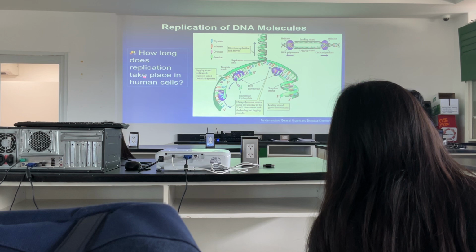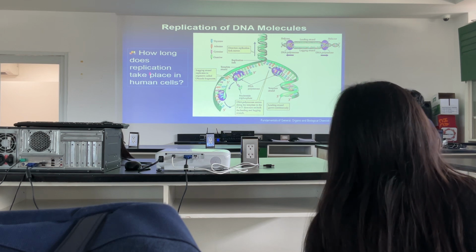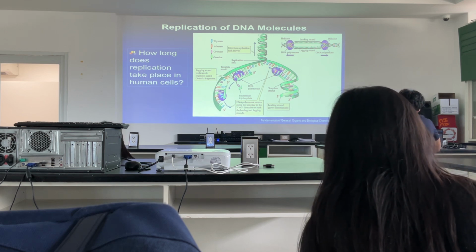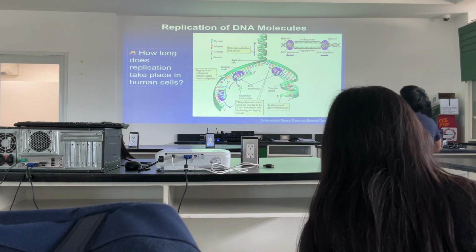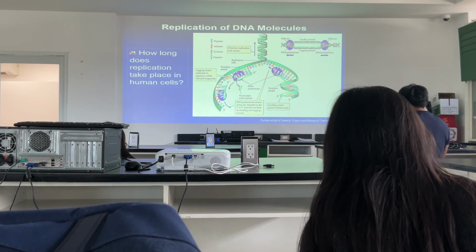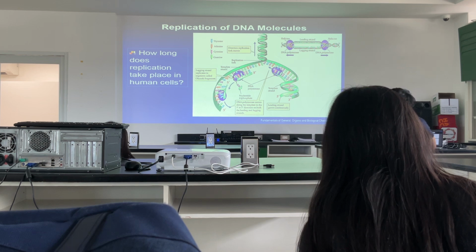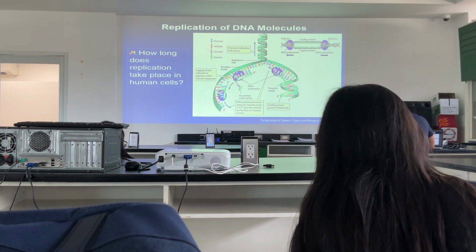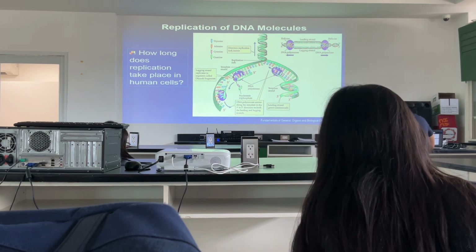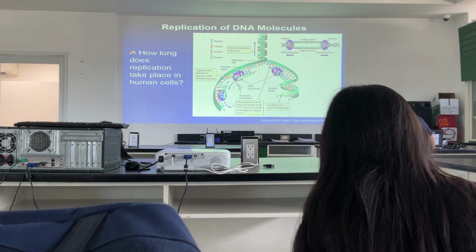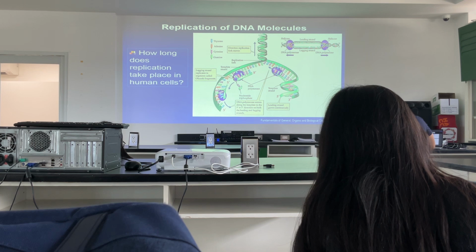So how long does replication take place in human cells? It will take several hours, because we have a long DNA strand. In fruit flies, Drosophila, it will take less than 3 minutes only.